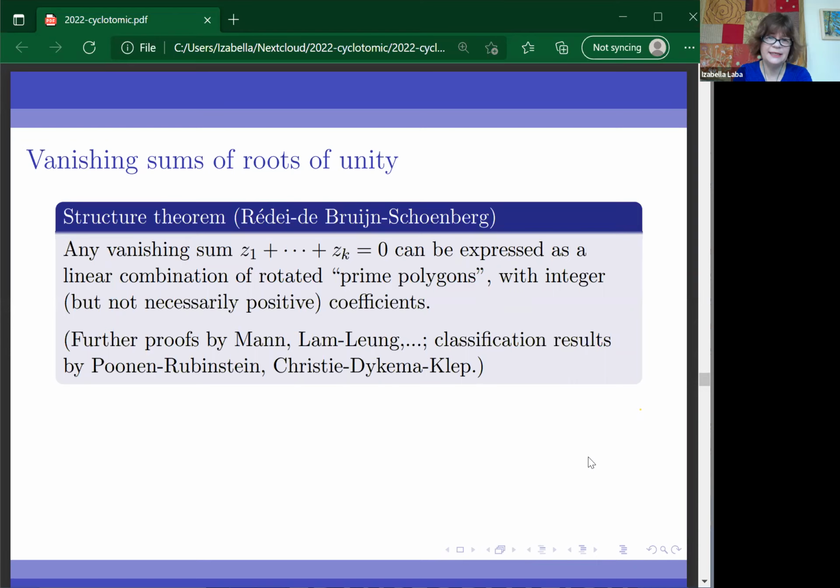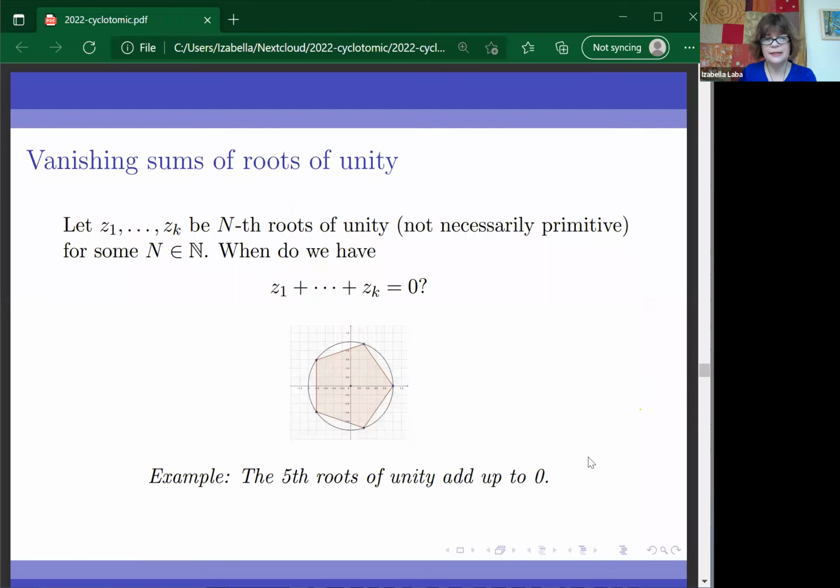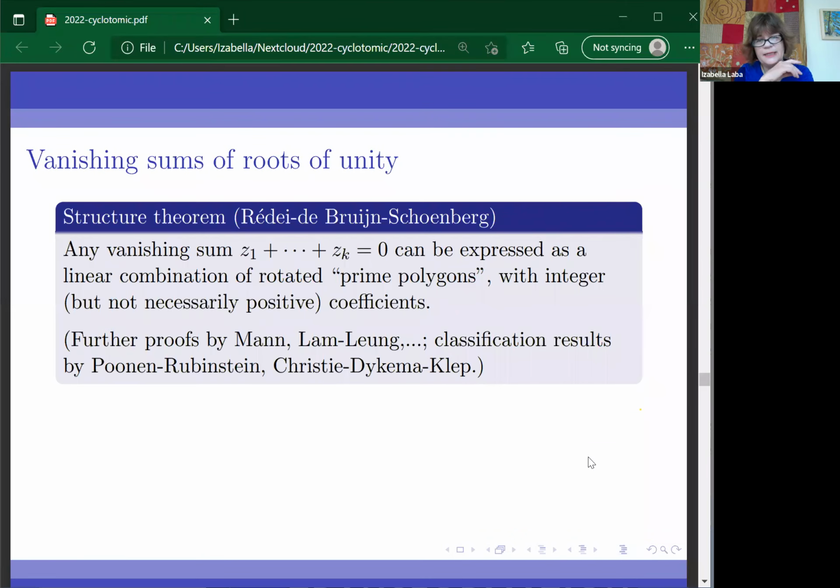This is due to Rédei, de Bruijn, and Schoenberg, with a complicated history. Any vanishing sum of that form can be expressed as a linear combination of rotated prime polygons, with various primes, with integer coefficients. Integer, but not necessarily positive, meaning that we allow cancellations between the polygons.